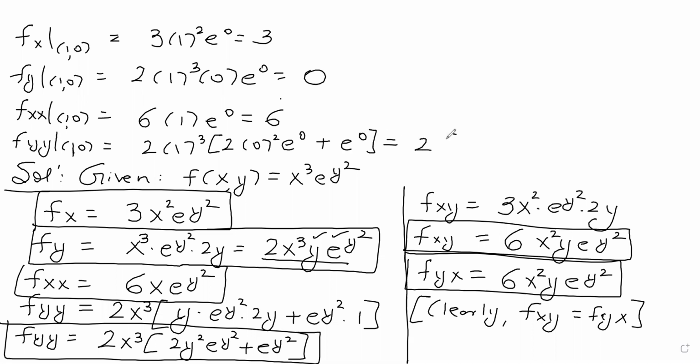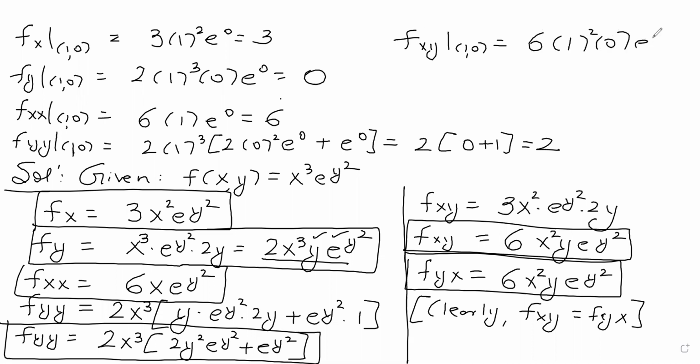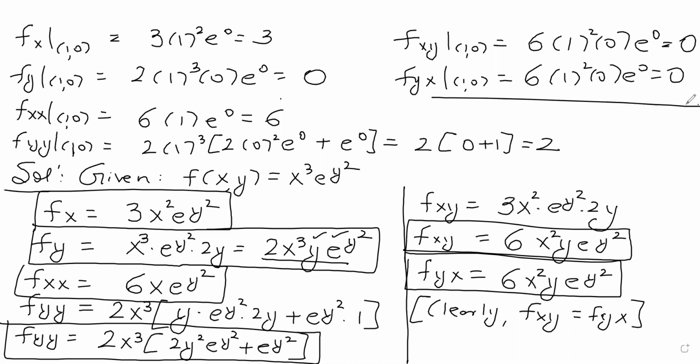So this is 2 times 0 plus 1, which is 2. Okay. Then fxy at 1, 0 will be 6 times 1 square 0 e to the power 0, which is 0. And fyx at 1, 0 will be, again, the same by Young's theorem. So these are our answers for this question.